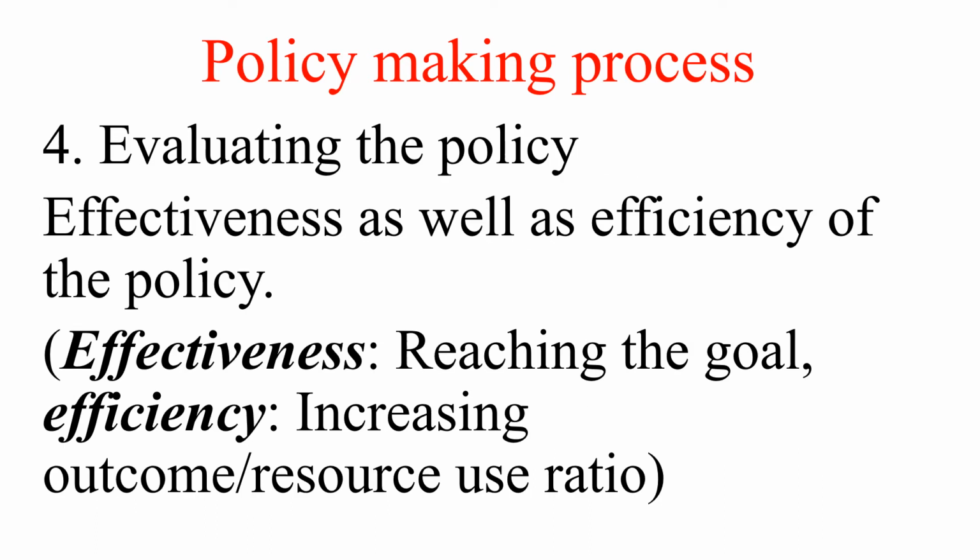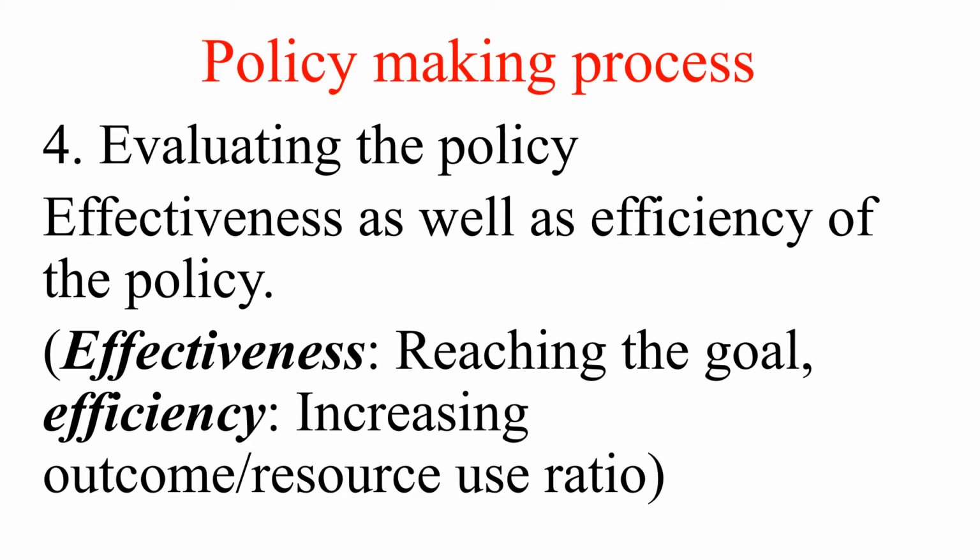The fourth step in the policymaking process is evaluating the policy. It's very important that the policymakers find some objective, usable and sustainable metrics to evaluate the performance of the policy in addressing the problem it's designed to address. Here, effectiveness as well as efficiency of the policy are being evaluated. Efficiency and effectiveness are two economic terms that are close to one another, but quite different.